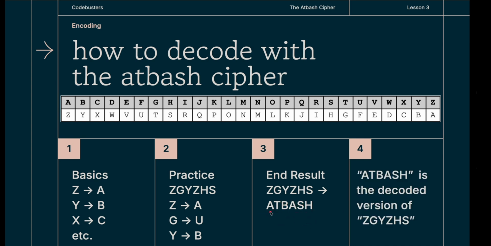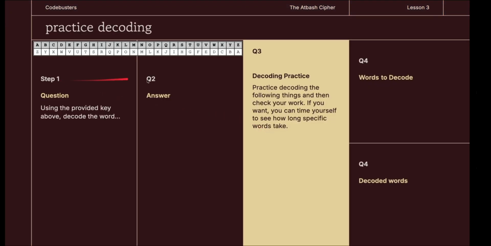After doing all that, you can get the decoded word. Now we'll be going over practice decoding. As you can see, the key is still on the top. The word to decode is XLLO. The first letter, X, will decode to C. The second letter, L, will decode to O. The third letter is also L, so you can already tell from the previous one that L is O. Then another O, so you can just do the opposite because the alphabet is flipped.